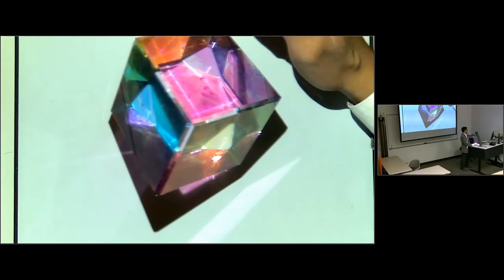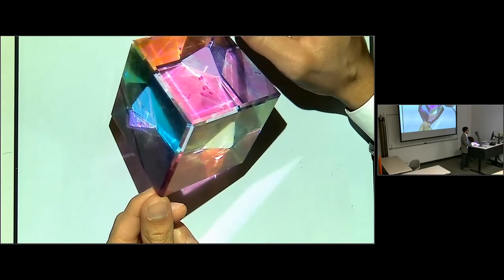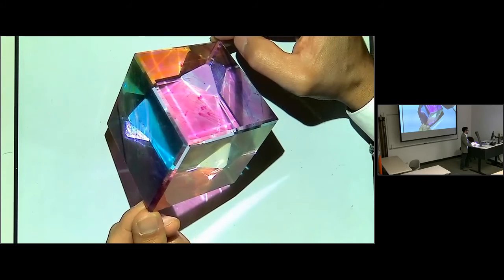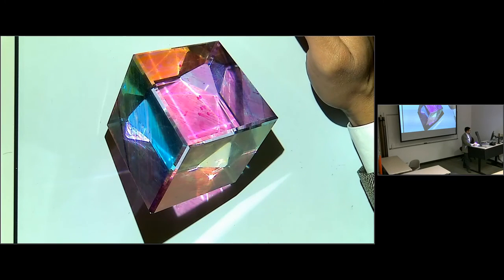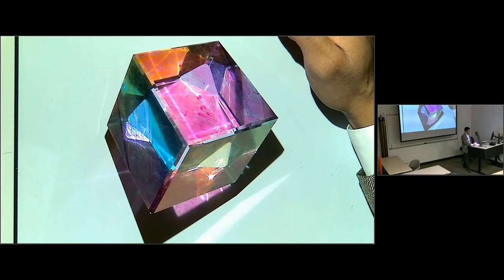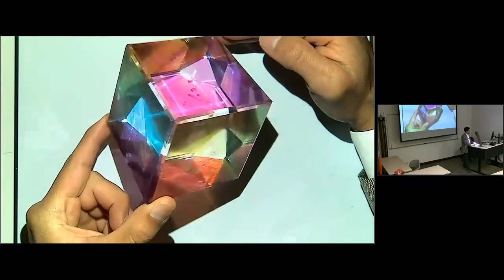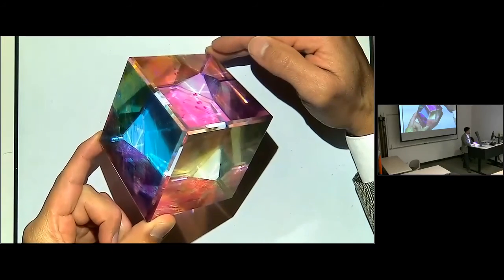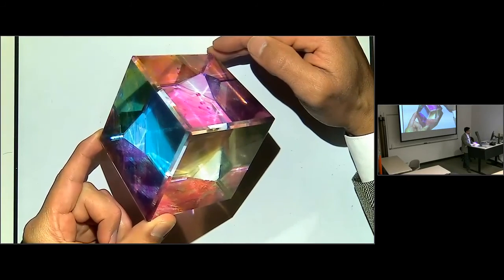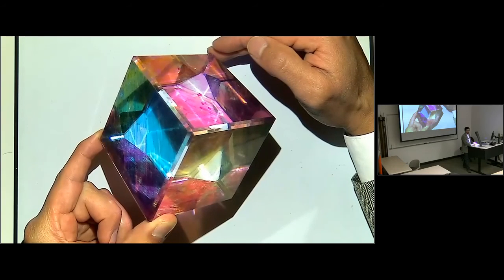Can anyone tell me what's the color of this cube? How many colors does it have? Let me point in a direction that is perpendicular to the axis of the camera. All right. So how many colors would you say?